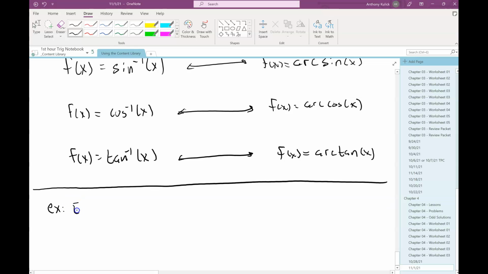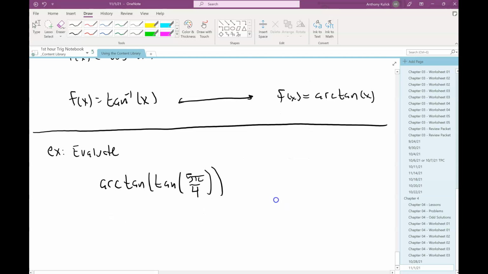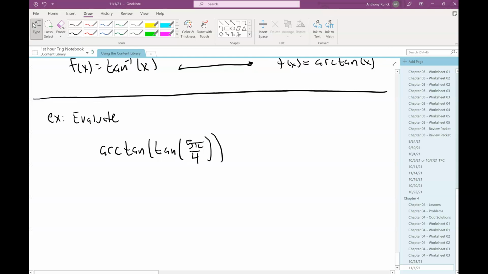So let's say that we have this problem, where we're going to take arctangent of tangent of 5 pi over 4.